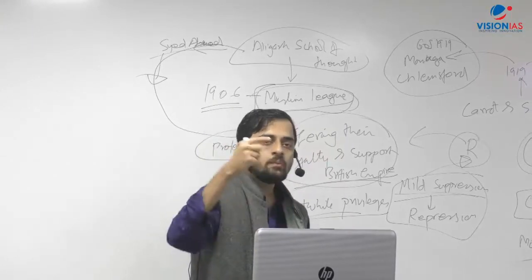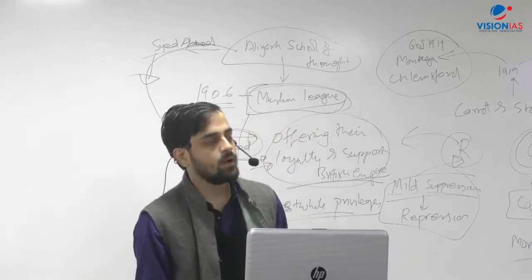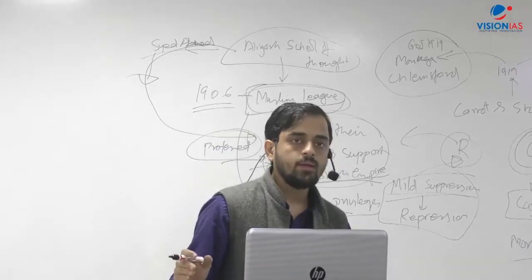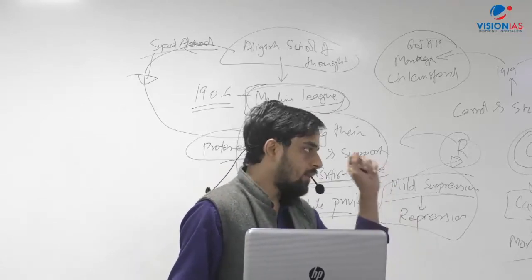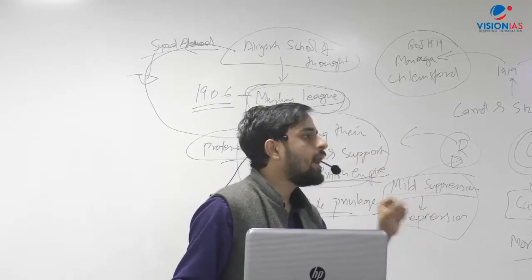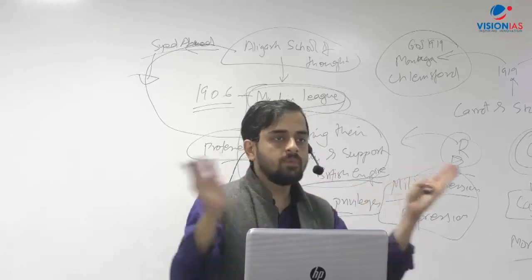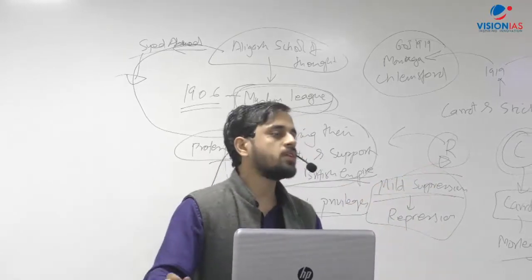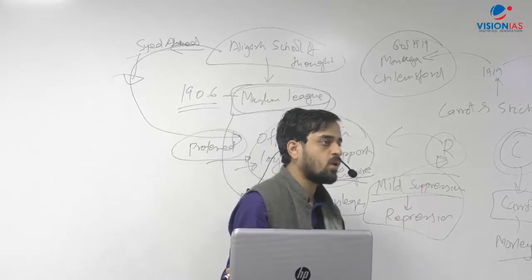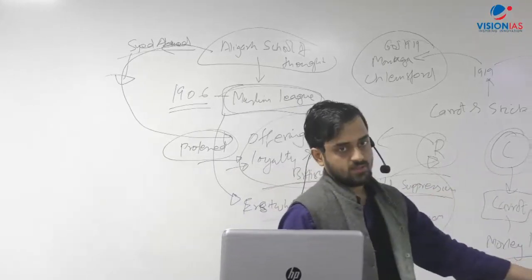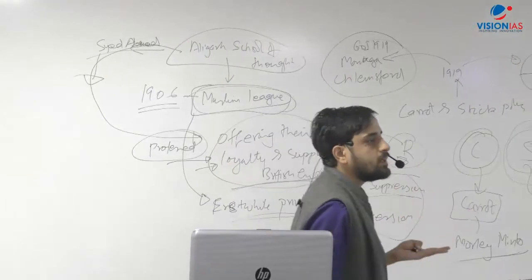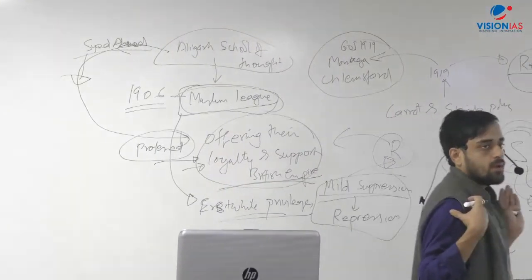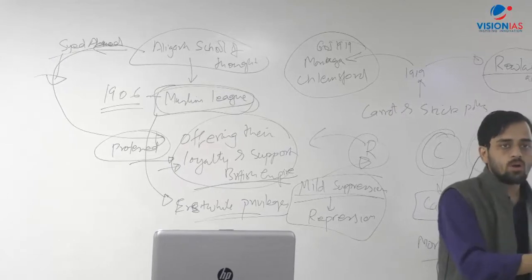Because we will see over a period of time that the Britishers were more than happy in using the Muslim League also to point out a very simple fact, that Congress does not enjoy hegemony, or universal support amongst Indians. Congress was just one of the voices. Okay? So if Congress was just one of the voices, it does not mean that the government needs to listen only to the Congress.